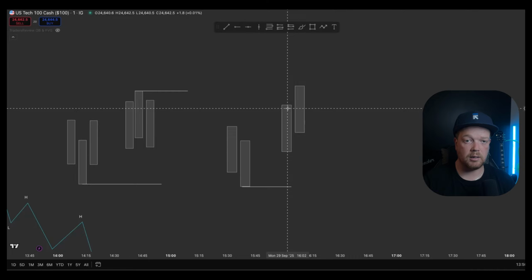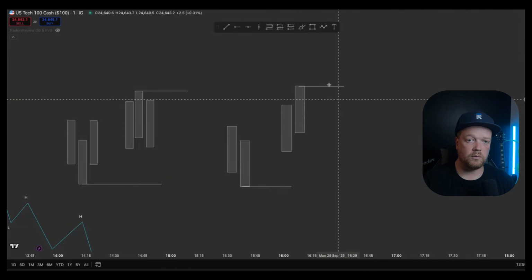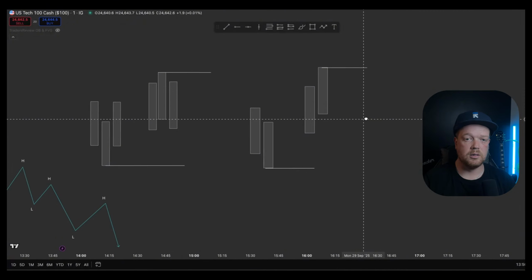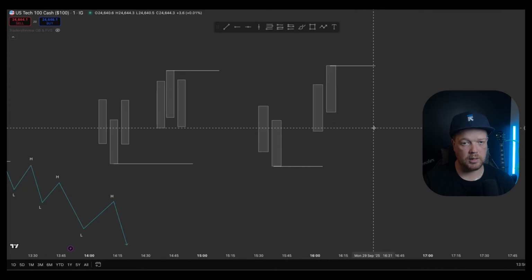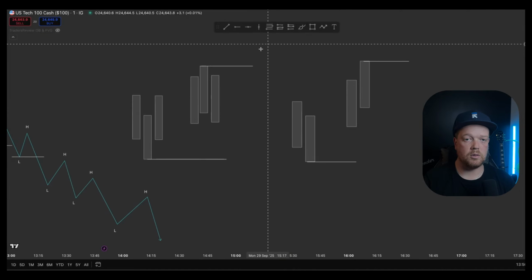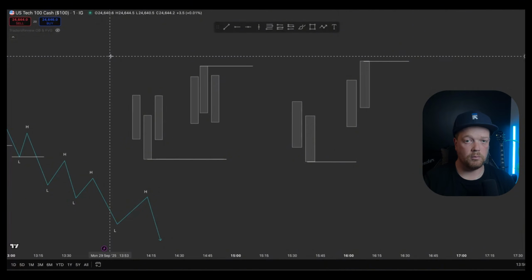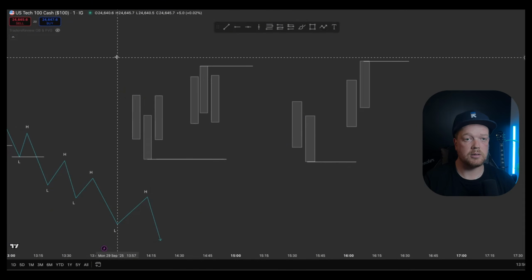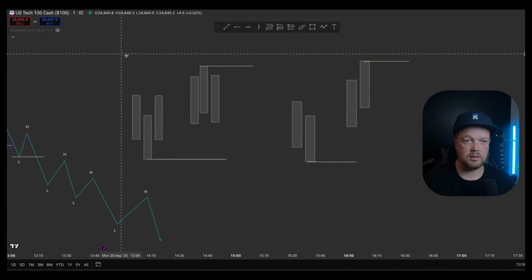We have an up candle and a down candle, and then we are going to take the highest point of these two candles to confirm the high. So this is the low, sorry, and this is the high. So a three candle high and low, and a two candle high and low. So you can decide and go back test which one works best for you. Both of them work. Lately I've been using the two candle pattern. So let's go have a look at some charts and let's see how we could have entered some trades.